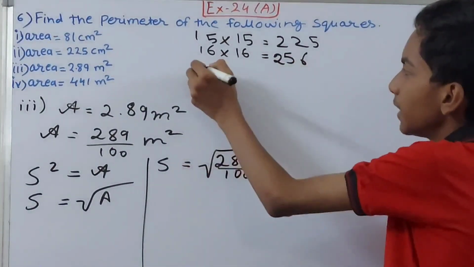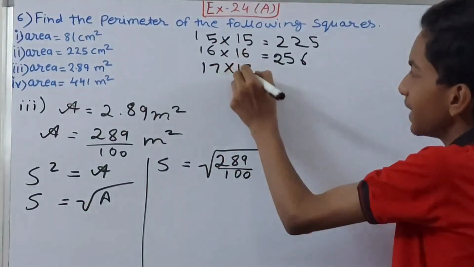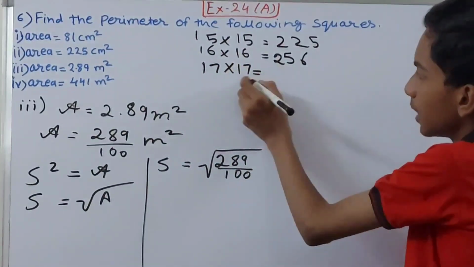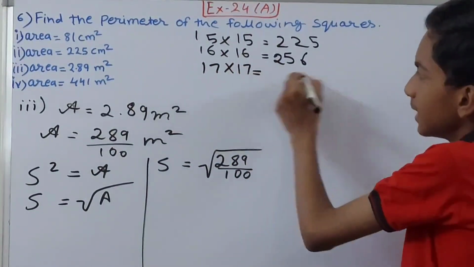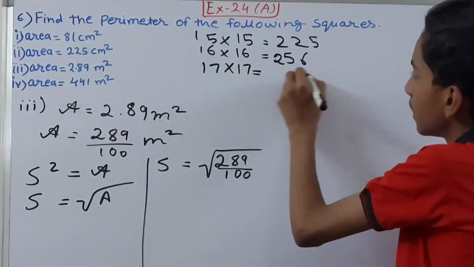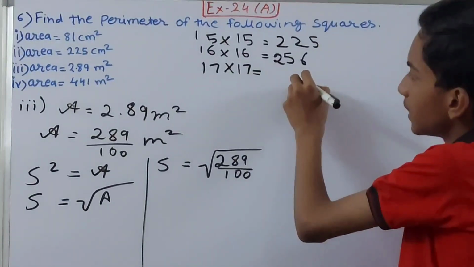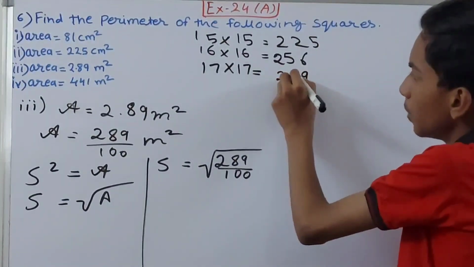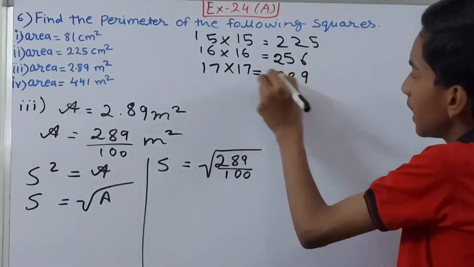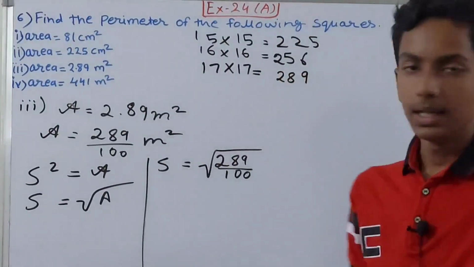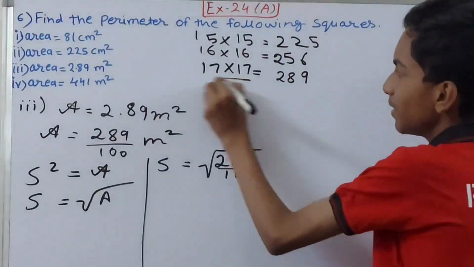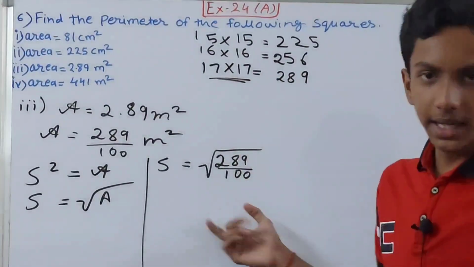Again we need 289, so let's try 17 into 17 and that will be what? 17 7s are 119, and 289 here. Fine. Now this means 17 is the square root of 289.